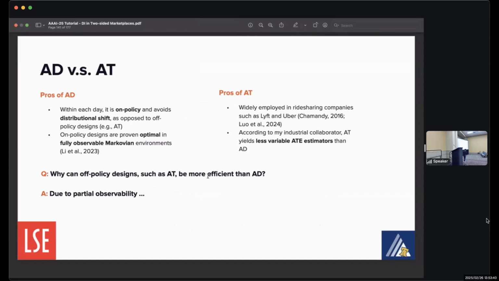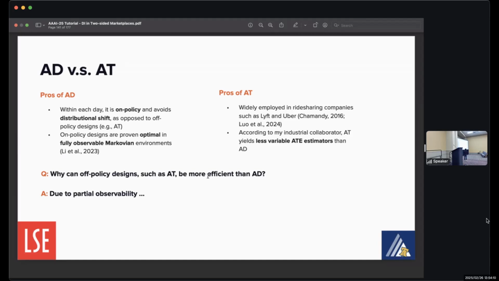If you think about the definition of ATE, we are also interested to know what if, within each day, we use either the old policy or the new policy. There are some benefits of using on-policy designs. Basically, they allow us to avoid distributional shift. And we can also show that on-policy designs are optimal in Markovian environments. So if the data satisfy the Markov assumption, then the on-policy designs are optimal. Okay?